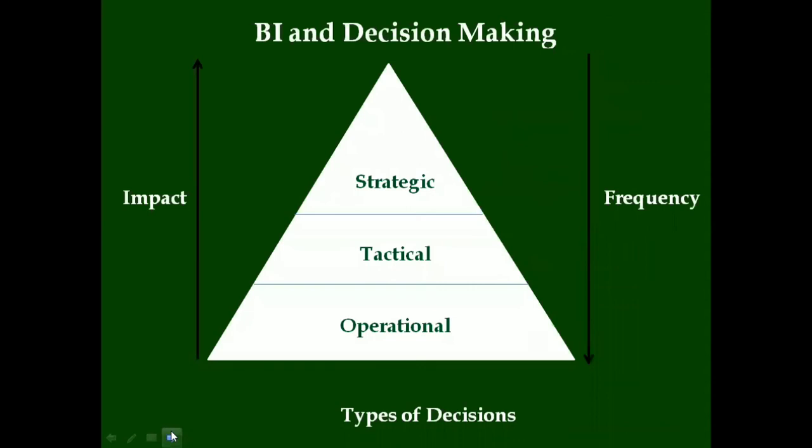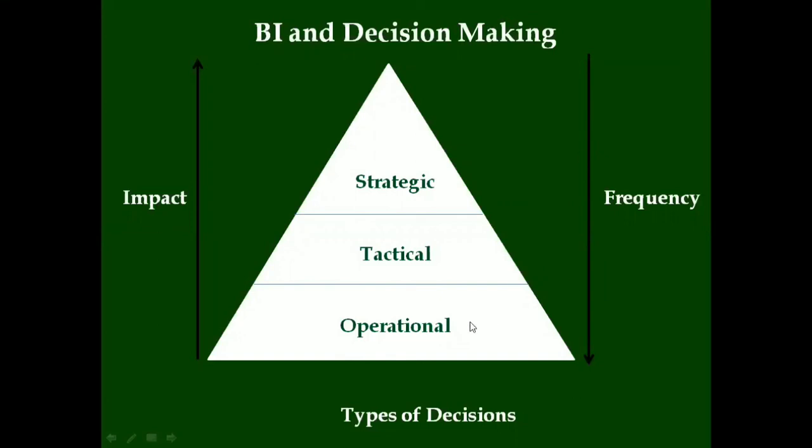In an organization there are some levels, and according to these levels we have different types of decisions, and there are three decisions which we are going to discuss in this slide. First of all, we have the operational. After that, tactical and strategic. These are the different types of decisions, and the frequency of these decisions increases from top to down.